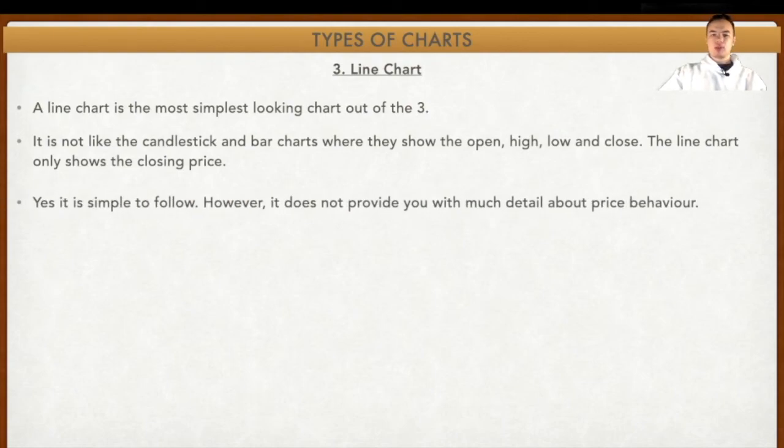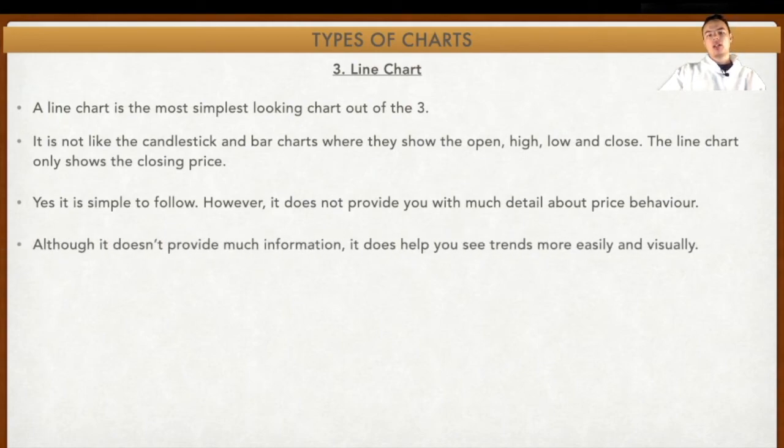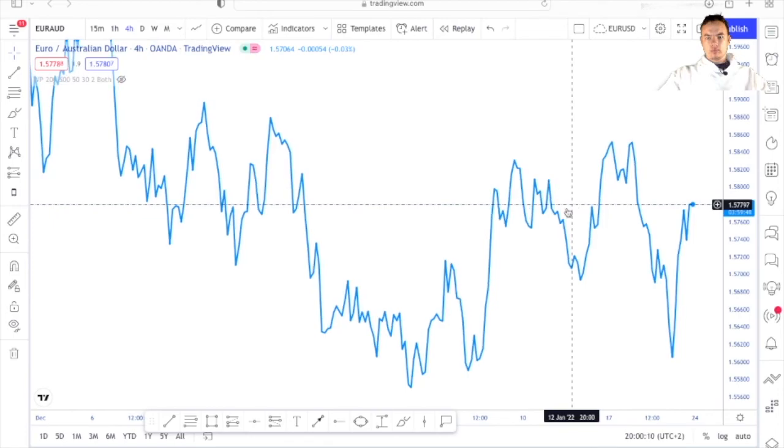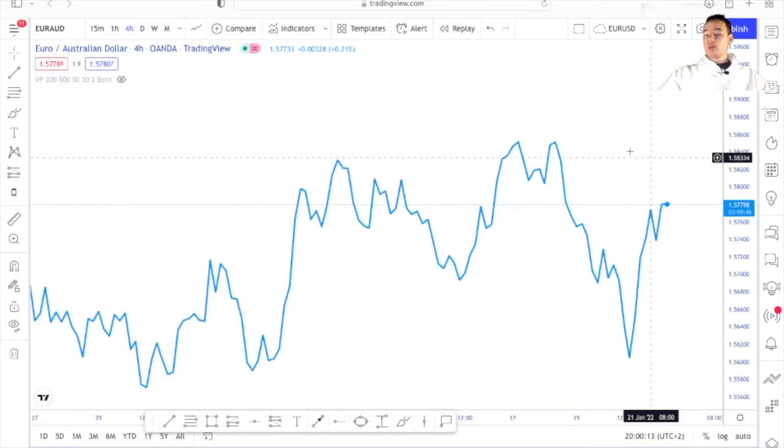Now, simple to follow, but doesn't provide you detail, okay? It helps you see trends more easily and visually. No anatomy because it's just a line and it's just a closing price, so there's no anatomy for it. So this is your line chart.